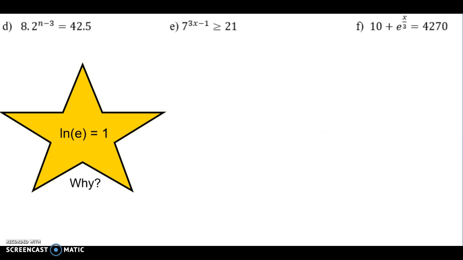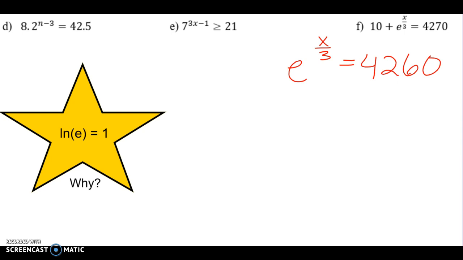So first step, let's get the exponential isolated. So what do I need to do? Subtract 10. So we get e to the x over 3 equals 4,260. Now, so far, what we've been doing is log basing the base of the exponent. So what is the base of the exponent?